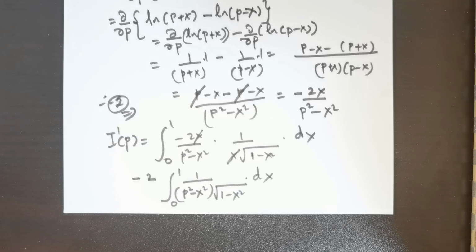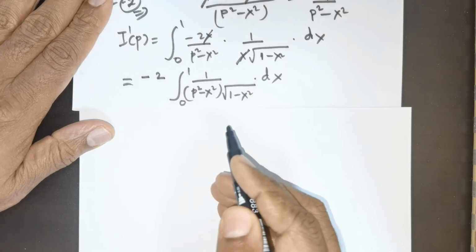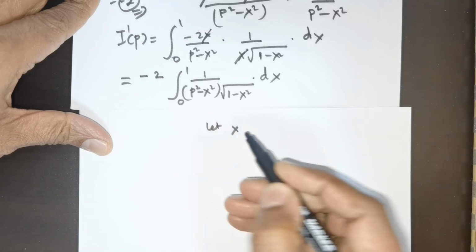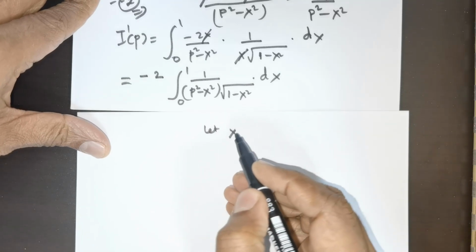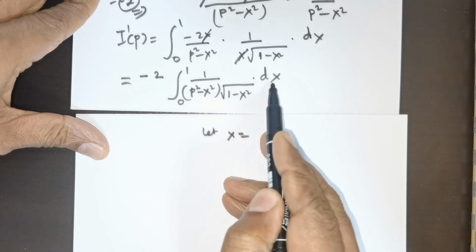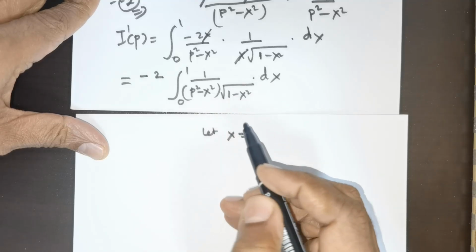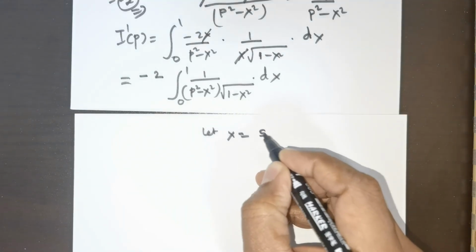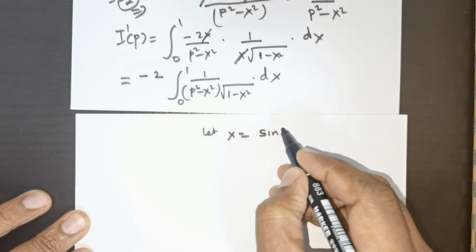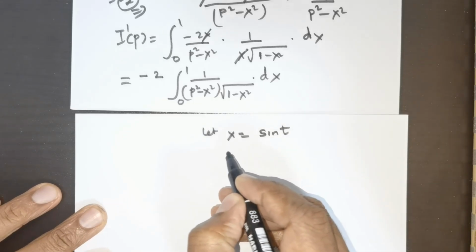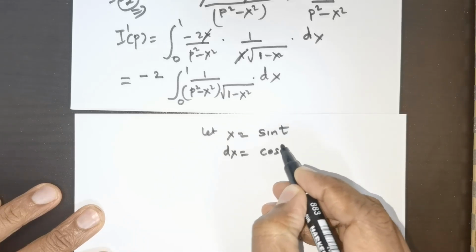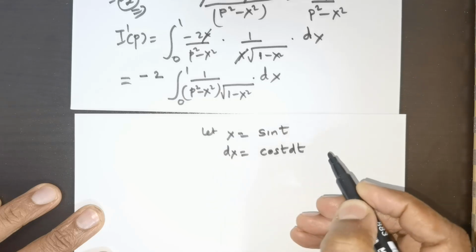So let me take a new sheet of paper and let x be equal to, because the variable is x here, some sine t, and I differentiate this, I get dx equal to cos t dt.